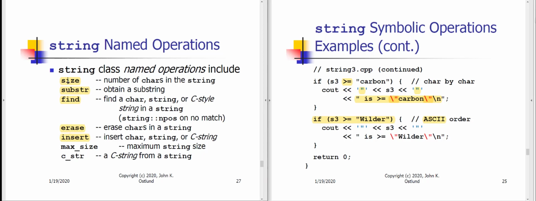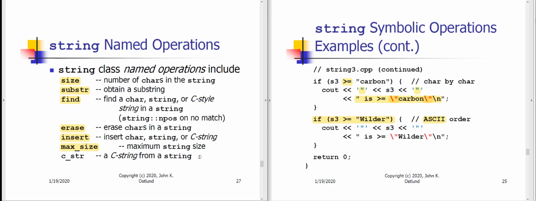Now, the current size of a string is the number of characters actually in the string at a given moment. Max size will tell you for your system what the maximum number of characters could possibly be that will fit into a string.